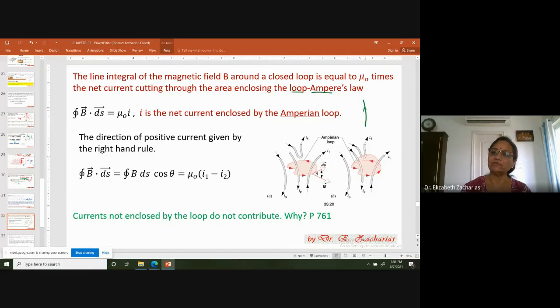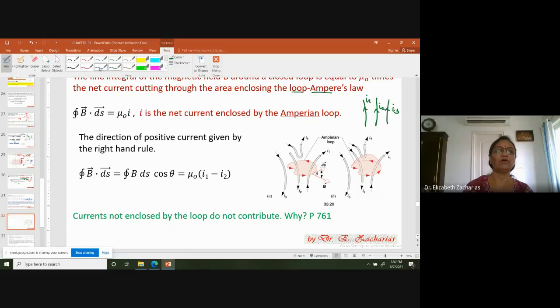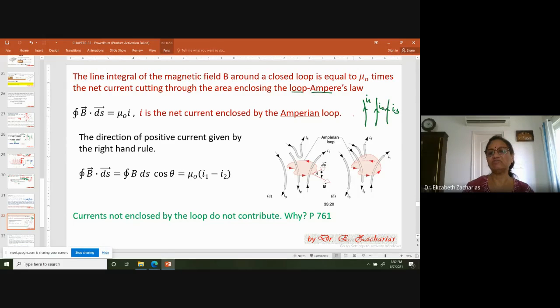Let's say I have some current I1, some current I2, and a current I3. I'm interested in finding out the magnetic field at this point. So I will construct an imaginary loop around it.